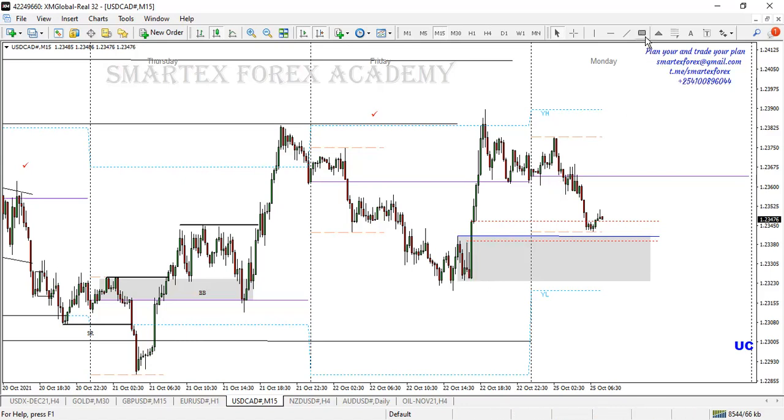If we refine further, in M15 we have this bullish OB, and there is this mitigation block here. So at least this is the zone where we expect the price to react during peak hours before we resume the uptrend, guys.